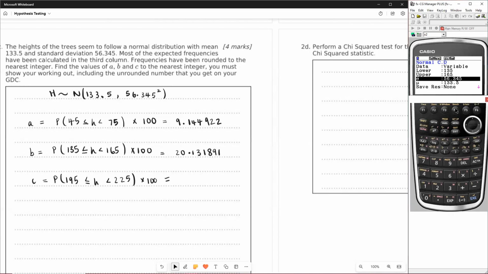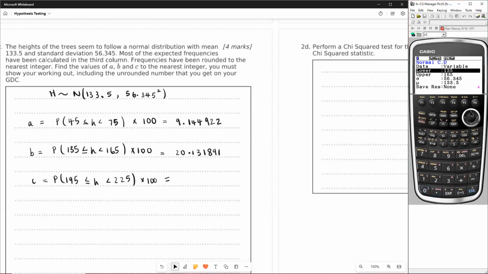Again, we're going to do the lower bound 195, the upper bound 225, and the standard deviation is 56.345. The mean is 133.5. And then we do the execution. That's 8.533267.